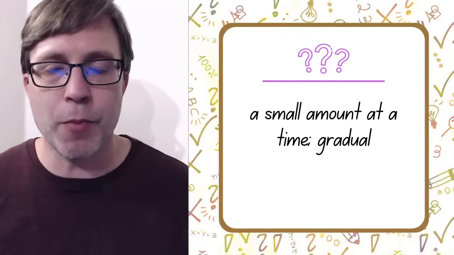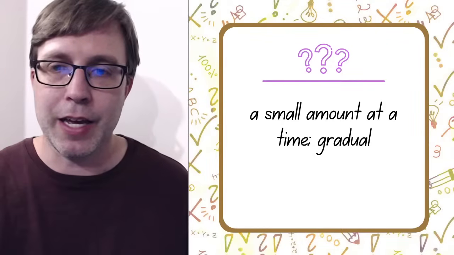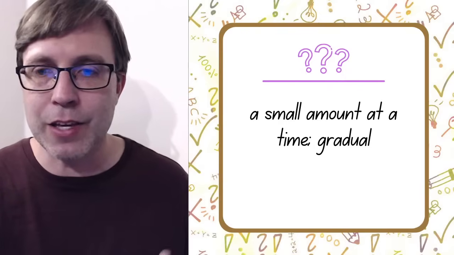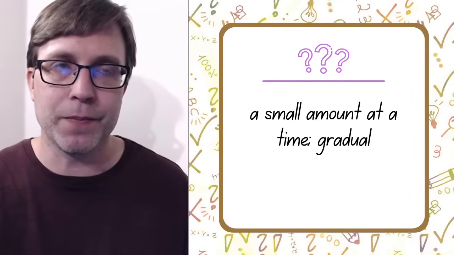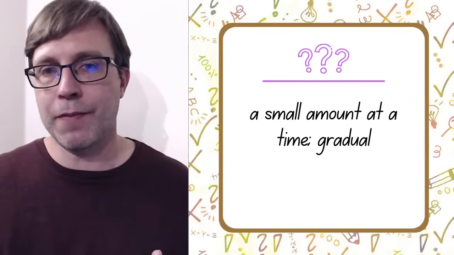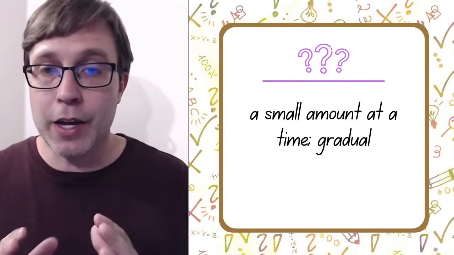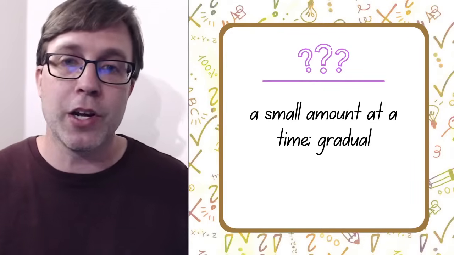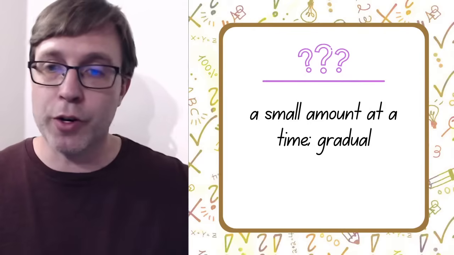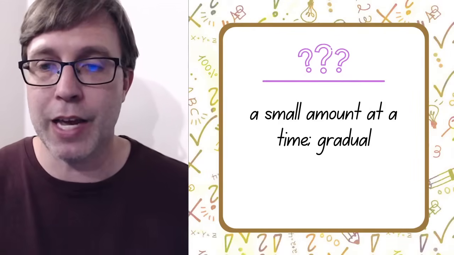I'll give you a moment to think about it before I give you that hint. Again, I think you guys could probably get this. Think of a situation. If instead of saying, well, you're improving your English gradually, or improving a small amount at a time, what would you say?